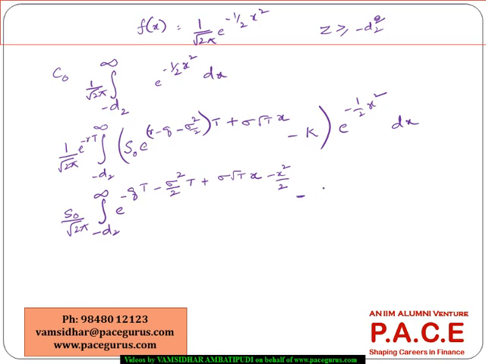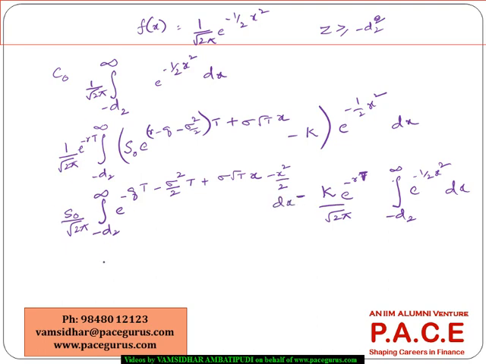And the second term, I am taking it as k by root 2 pi e to the power of minus rt, integral from minus d2 to infinity of e to the power of minus x squared by 2 dx. So separately I am taking both of them.